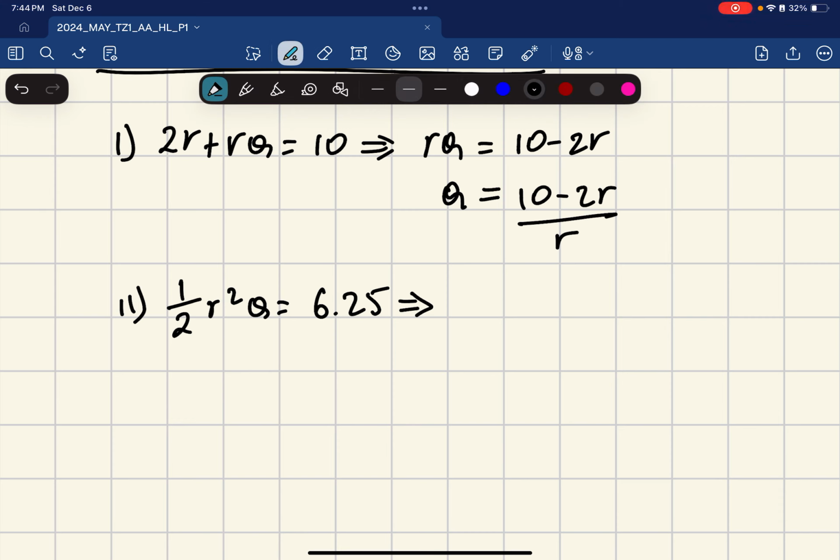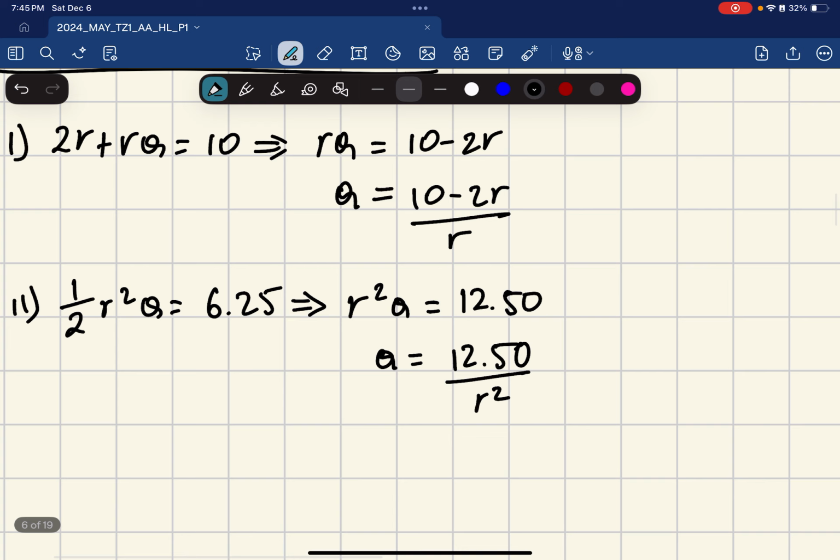So I'm going to end up with r squared theta is equal to 6.25 times 2, which gives me 12.5. And then from here, I'm going to divide both sides by r squared. So I end up with theta is equal to 12.5 over r squared.